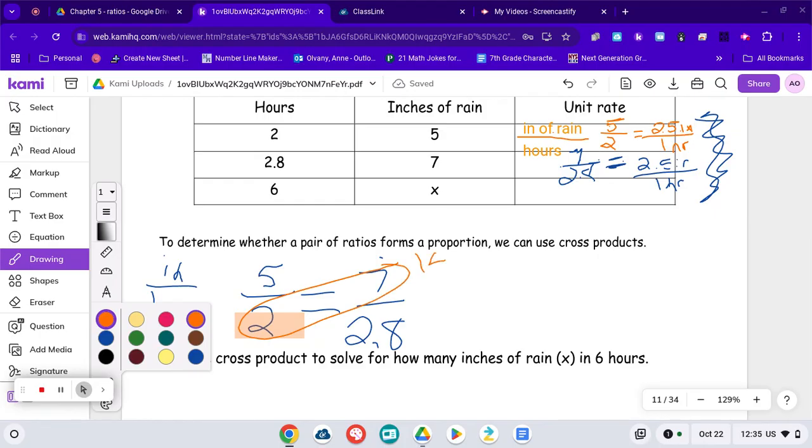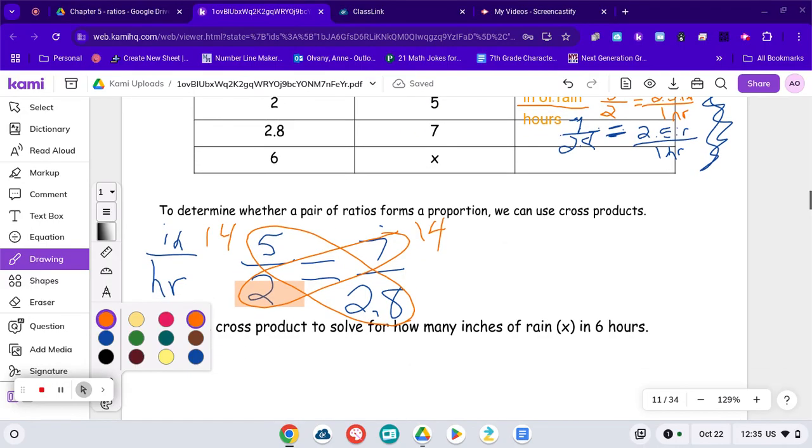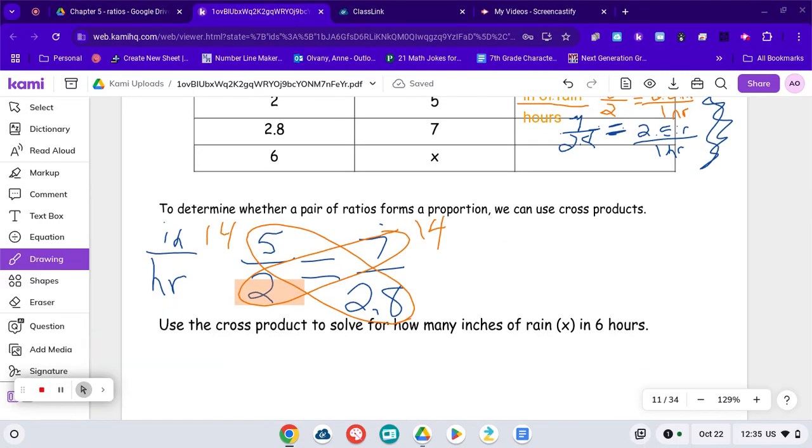So that's 14. And then we're going to start at the bottom and multiply across and up. 2.8 times 5 is also 14.